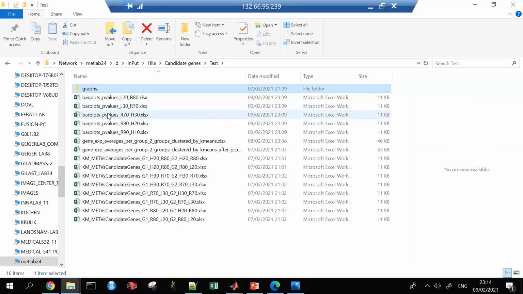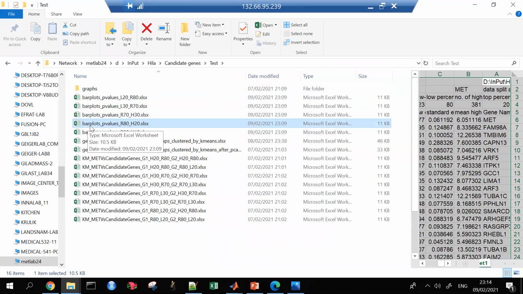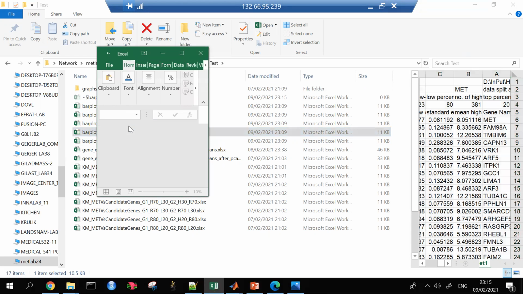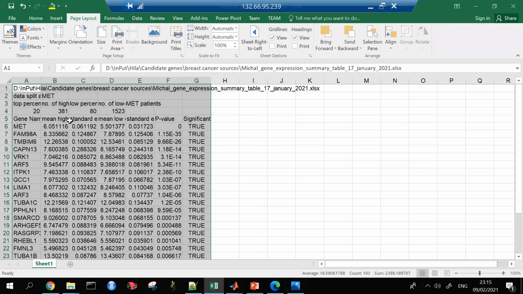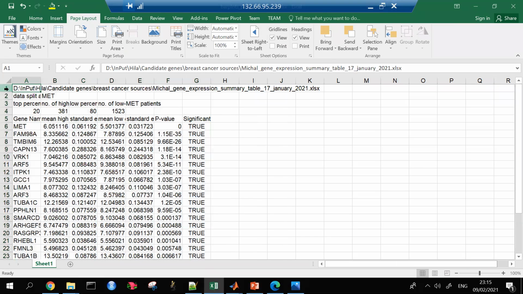So it was a bar plot and their p-values. We split by MET, with 20% of the patients with high MET versus the rest, which is 80% of the patients. Here you see in the first row where the data came from.